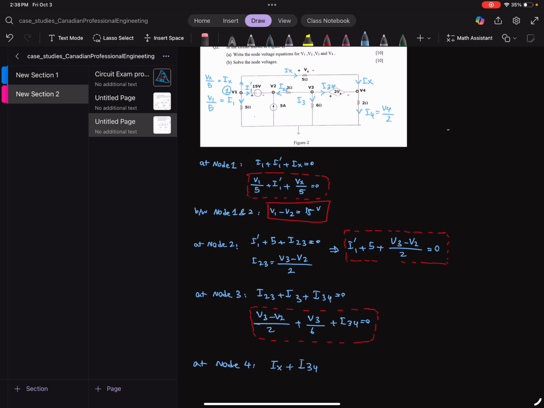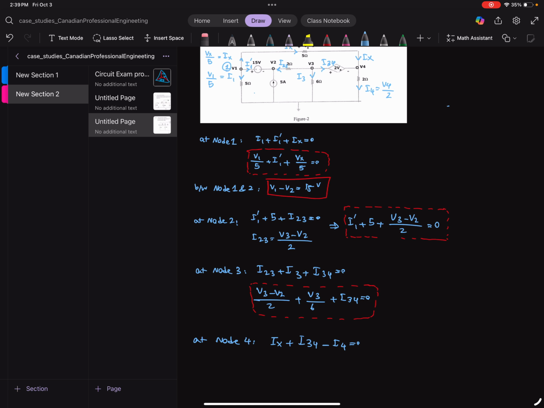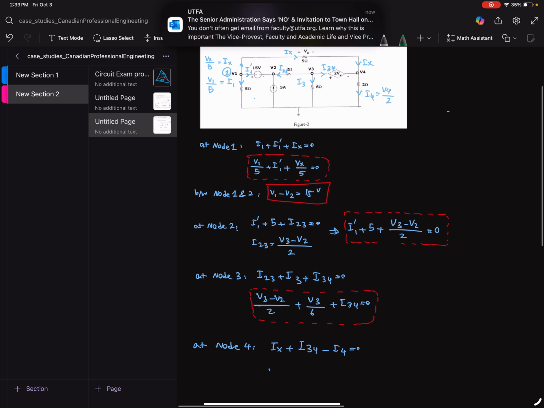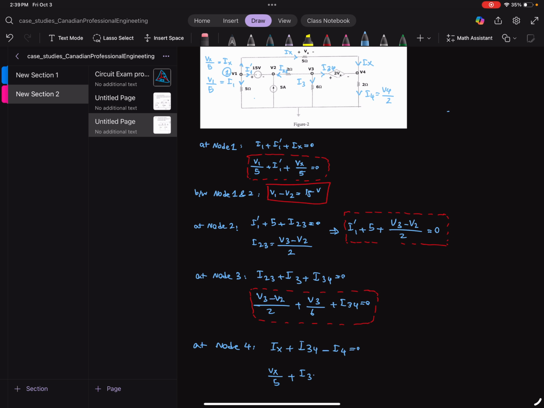And then the ones that are going out is going to be minus I4. So this is the first time we are using a minus in this KCL. IX was equal to Vx over 5, plus I34, which we don't know what it is, minus I4, which is V4 over 2.